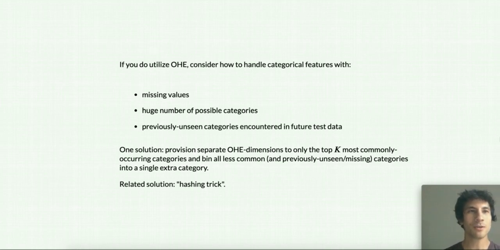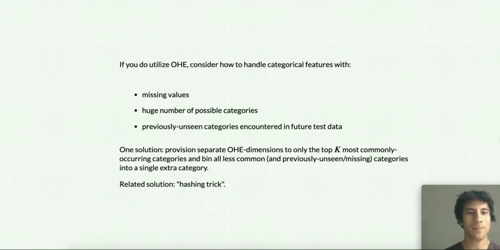If you do choose to utilize one-hot encoding, make sure to consider how your AutoML system will handle categorical features with missing values, a huge number of possible categories, or previously unseen categories that are encountered in future new test examples.